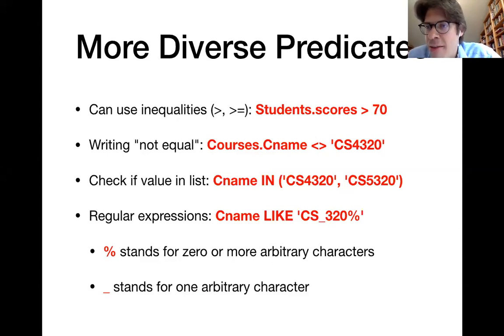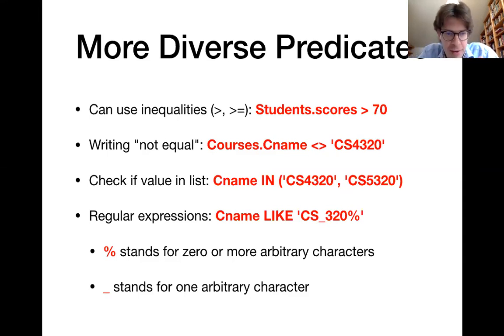The predicates, for instance, in the where clause that we have seen so far have been relatively simple, but SQL supports a very rich set of predicates that you can formulate. Of course, you can use equalities and inequalities.